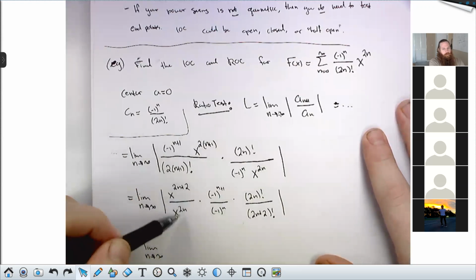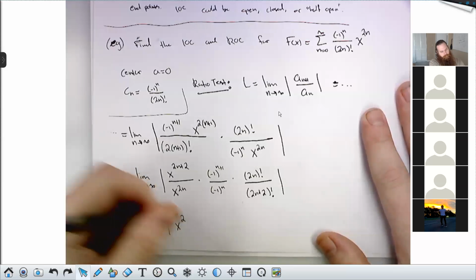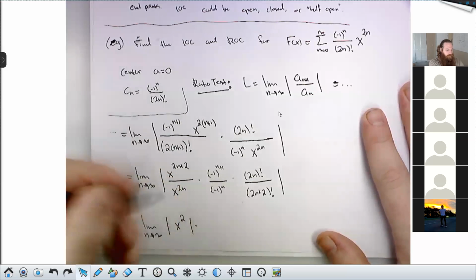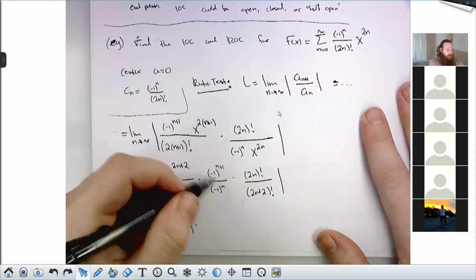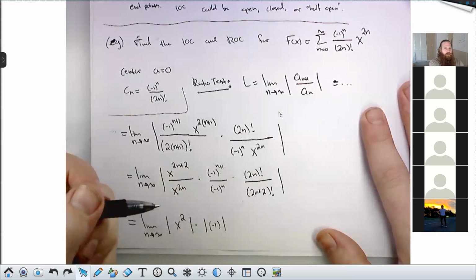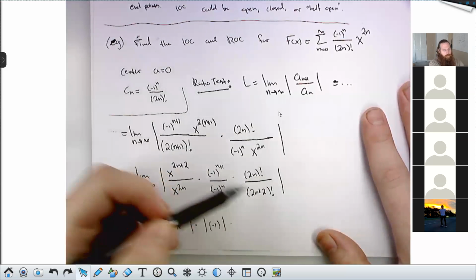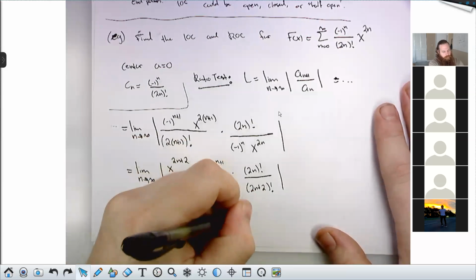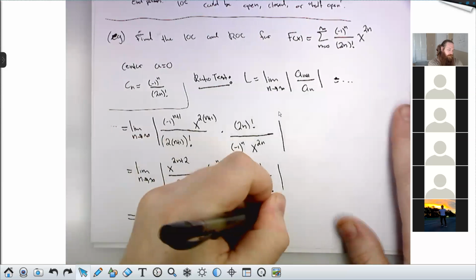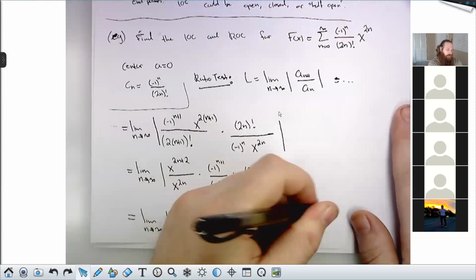X to the 2n plus 2 over x to the 2n is x squared. I'll give each piece their own absolute value at this step also. -1 to the n plus 1 over -1 to the n is -1 to the 1, or just -1. 2n factorial over 2n plus 2 factorial is 2n times 2n minus 1 times 2n minus 2, all the way down to 3 times 2 times 1.